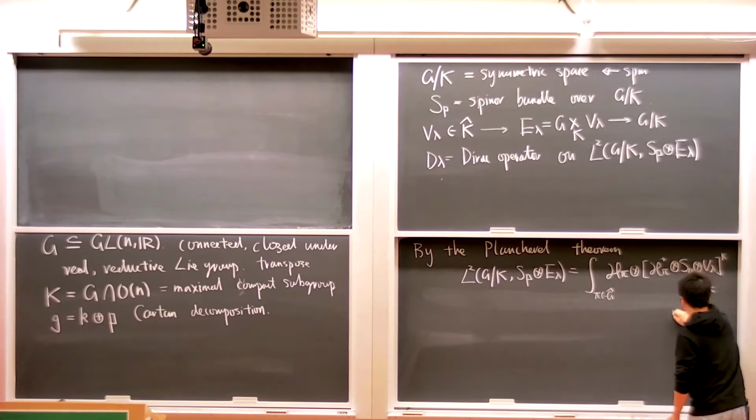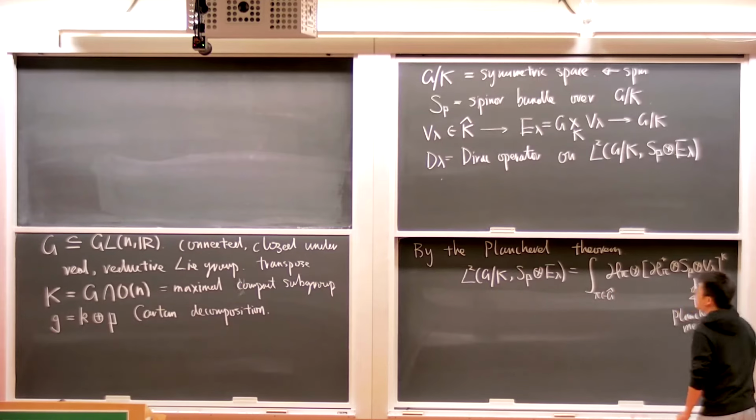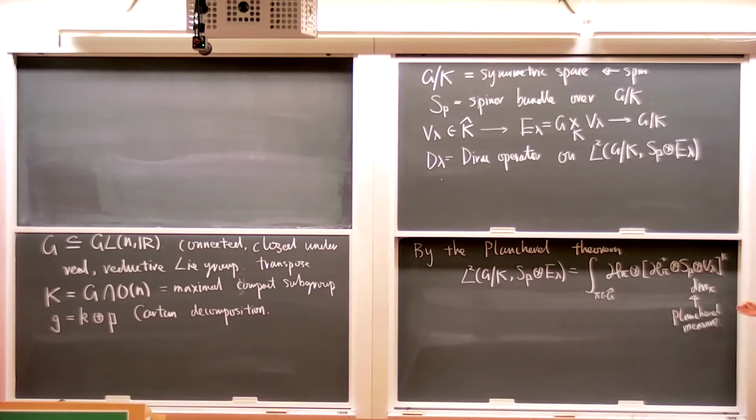So this is known as the Plancherel formula, and it tells you how the Hilbert space and the representations of G are related.